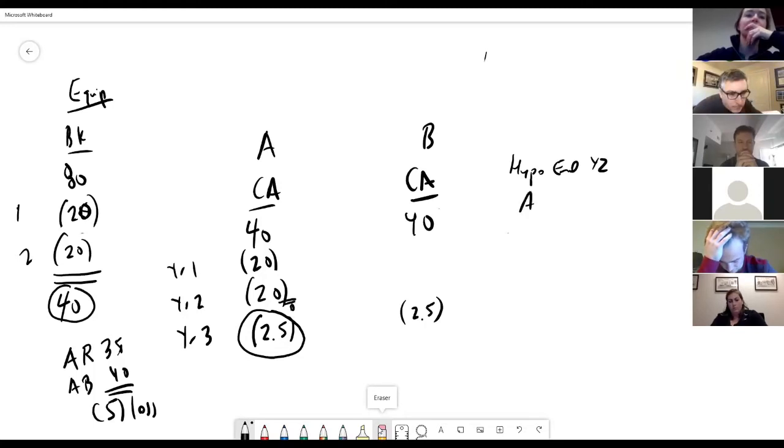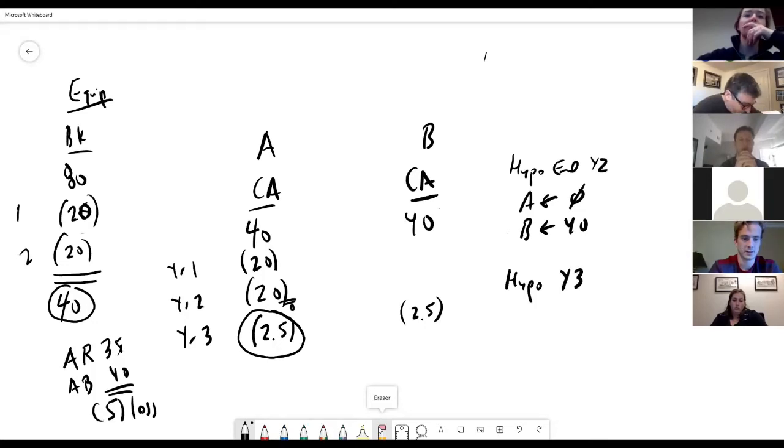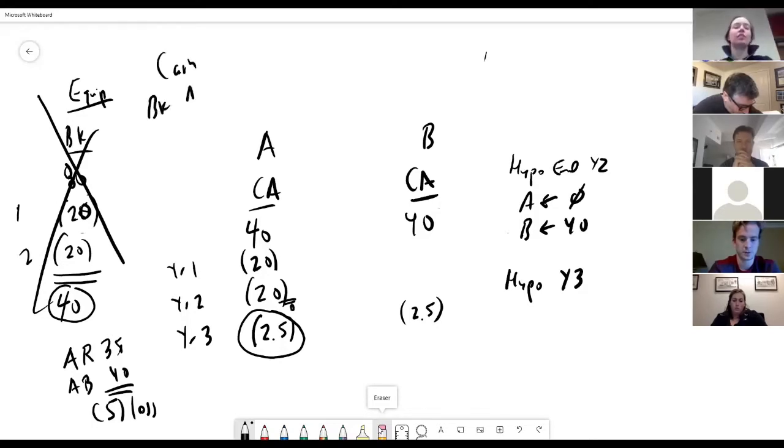So 0 to A, 40 to B. If we have the hypothetical liquidation at the end of year 3, we've got 35 of cash. We've now got cash of 35. Where does it go? Again, the capital accounts under the agreement look like this.